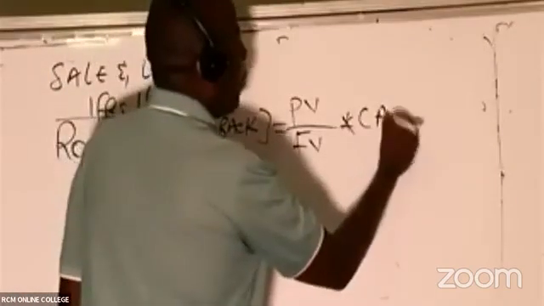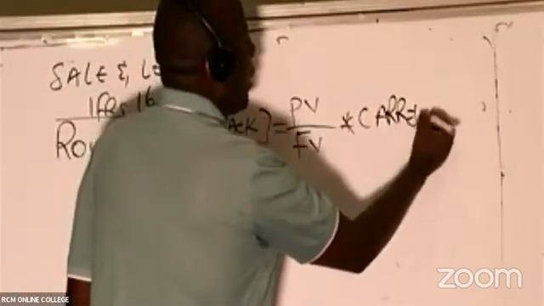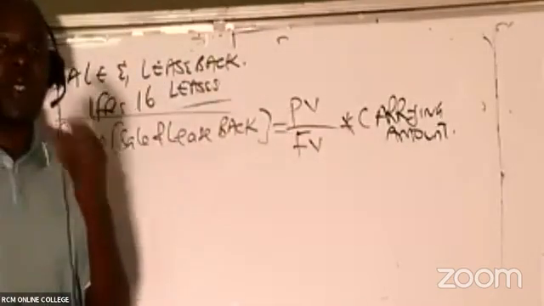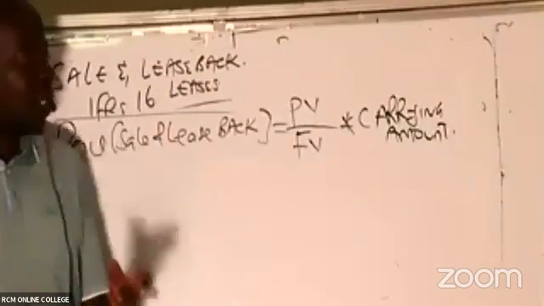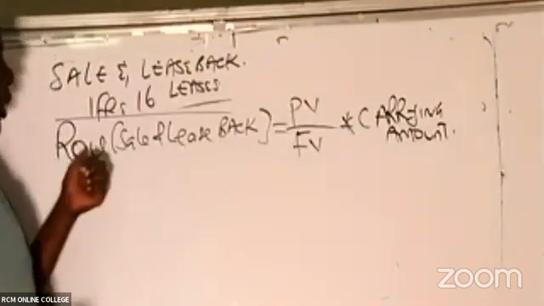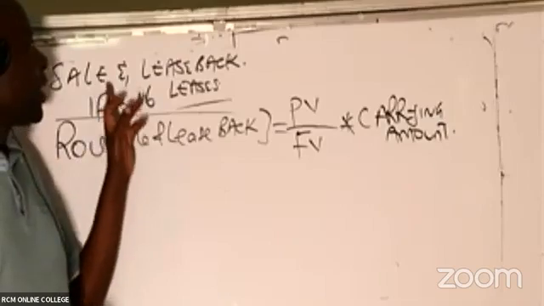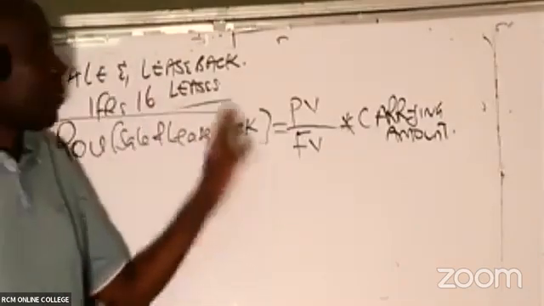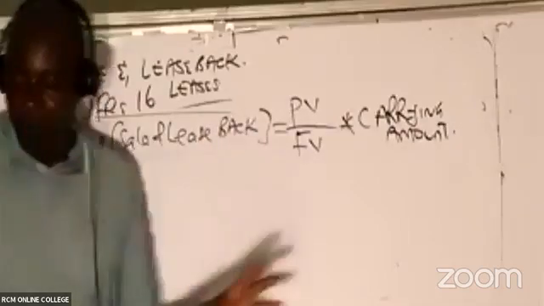Allow me to write this in full. Carrying amount times the carrying amount, in this case the value at which this particular machine is carried in its books. So anytime they want us to get right of use and they're mentioning this language, sale and leaseback, then we shall be using this concept. This formula is very, very important. Do we have these three metrics?